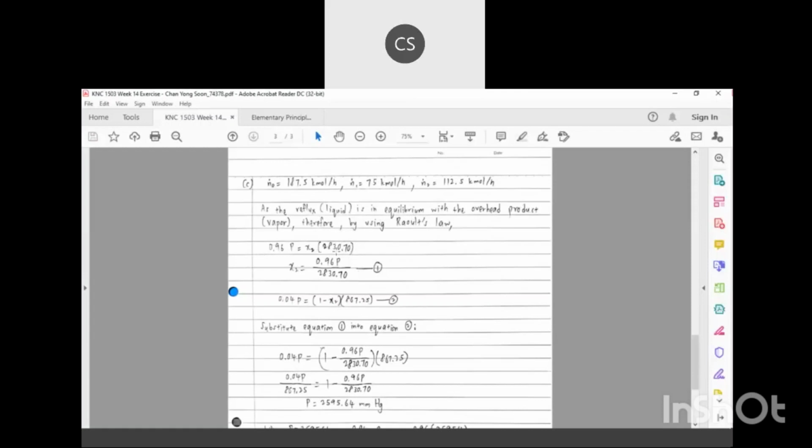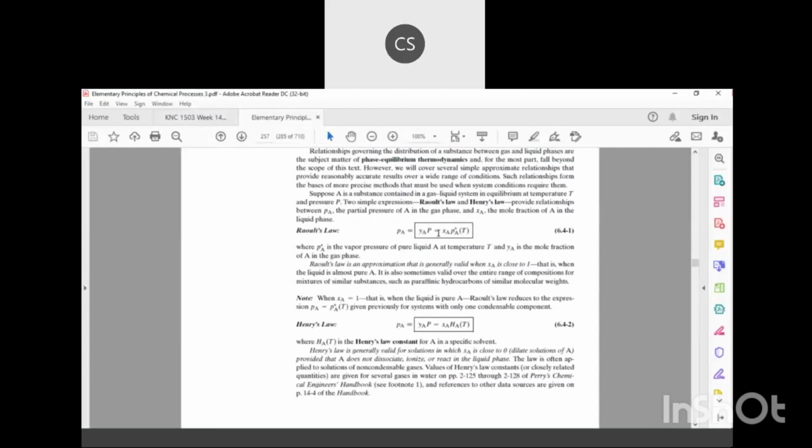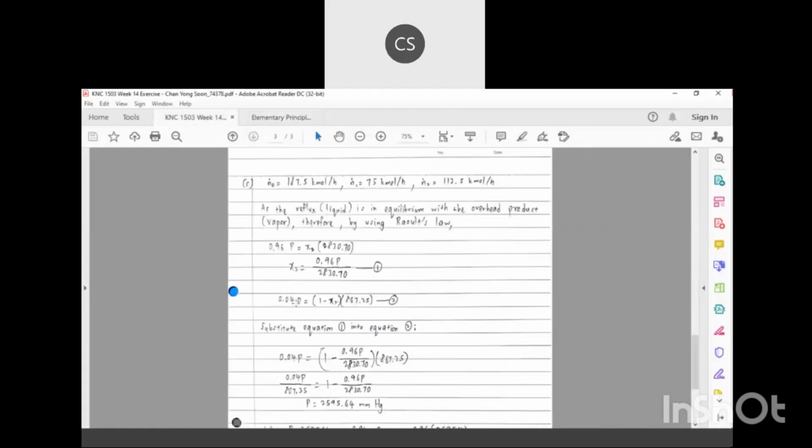For the butane one, you try to use the formula, this one, as I mentioned here in the book. You try to build an equation first for the butane one, and then the same goes for the pentane one.